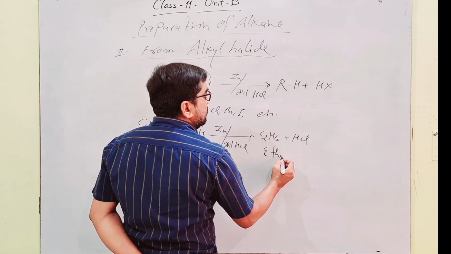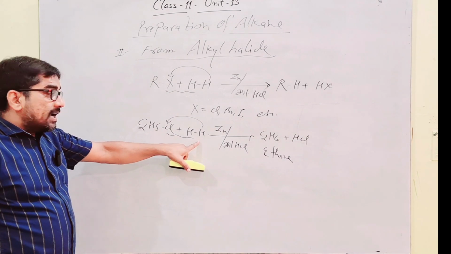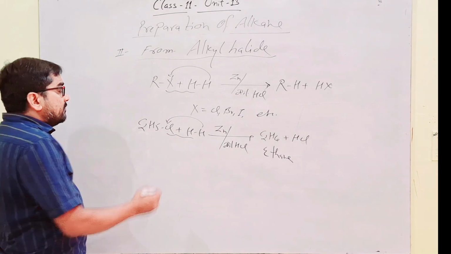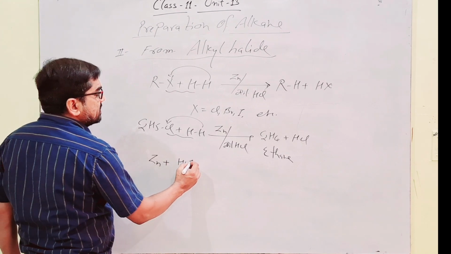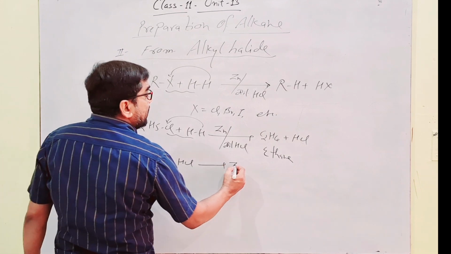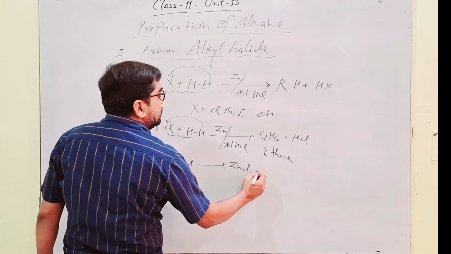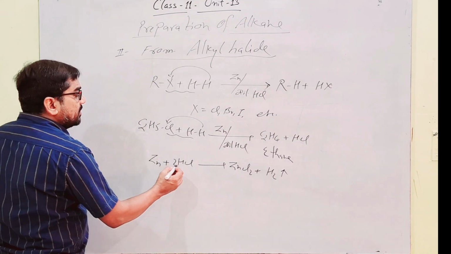Ethane is formed. From where does this hydrogen come? We know zinc has the ability to displace hydrogen from dilute hydrogen chloride and produces ZnCl2 with elimination of hydrogen. How does it happen?